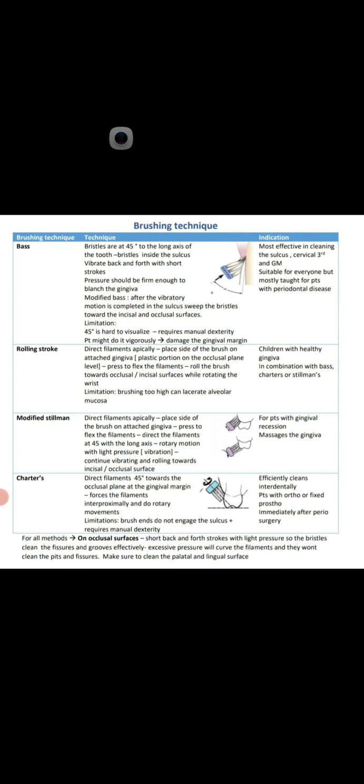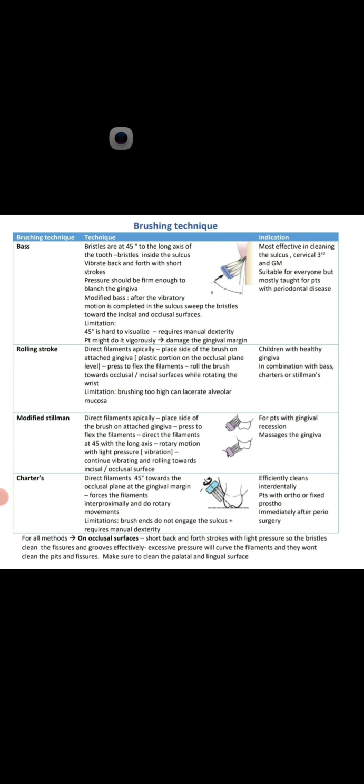Next method is the modified Stillman method. Modified Stillman method is for gingival recession and massage. For massage of gingiva, and the result there will be regrowth of gingiva. And how we remember? There is the men at the end. Mostly when we travel, the men come and carry massage oil and say, do you wish to massage?